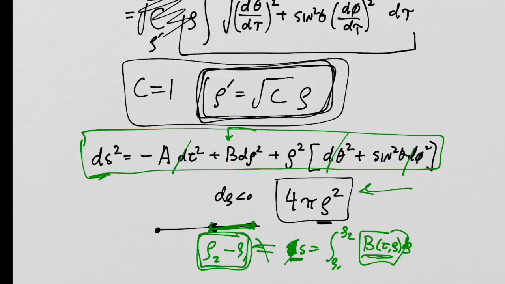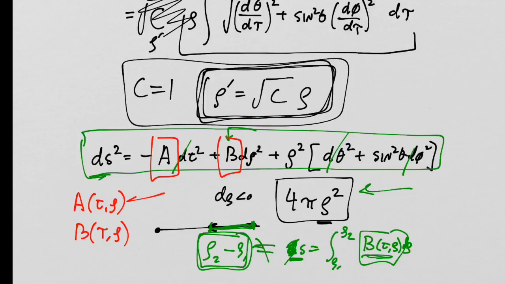But the coordinate system we're choosing forces all of the unknown metric components into these two functions: A, which is a function of time and radius, and b, which is a function of time and radius, and the Schwarzschild radius, which I indicate by rho. Those are the only two unknowns in the metric itself. Everything else is all just pure coordinates, right? It's the function of those coordinates throughout spacetime that we need to know about.